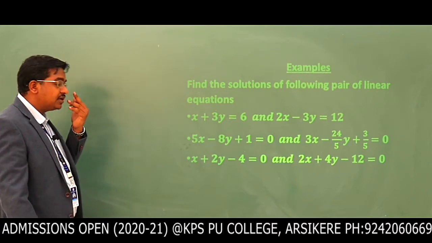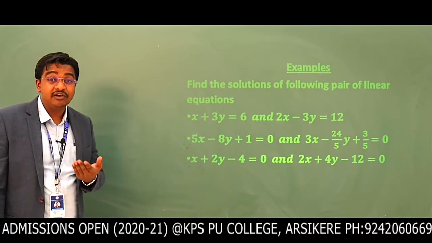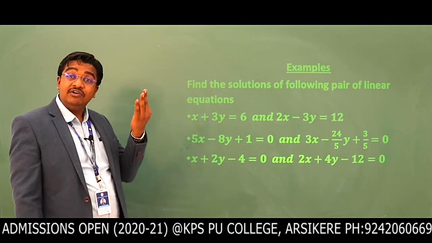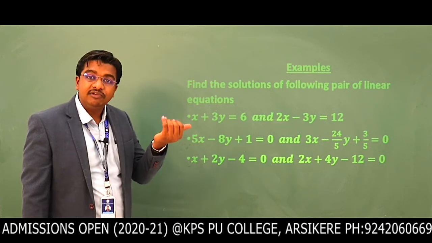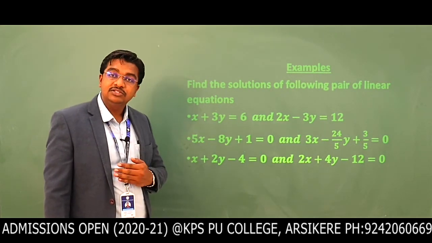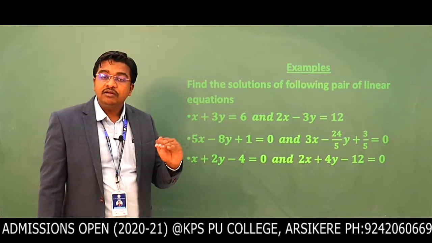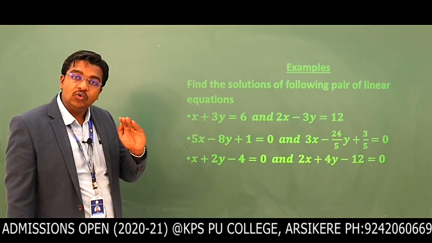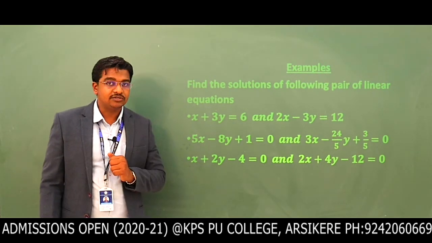Next, how to find the solution? We follow the same method. Just compare the equation with the general form. After obtaining the values of a1, b1, c1 and a2, b2, c2, now consider the values of a1 by a2, next b1 by b2, then c1 by c2. Just compare the values. If a1 by a2 is not equal to b1 by b2, the lines intersect, we get only one solution.